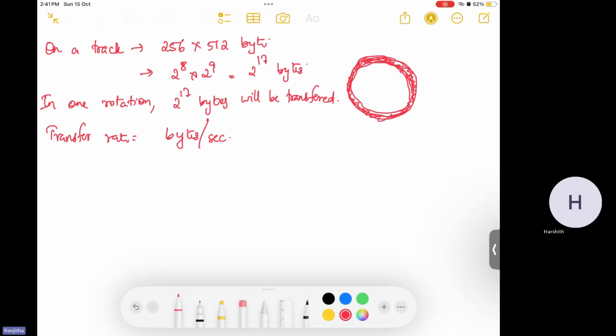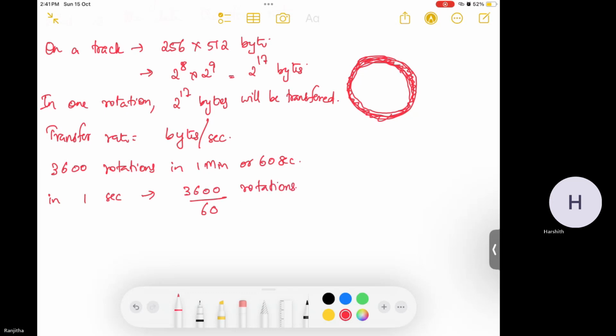It is given that we have 3600 rotations in 1 minute or 60 seconds, which implies that in 1 second we will have 3600 by 60, which is 60 rotations.